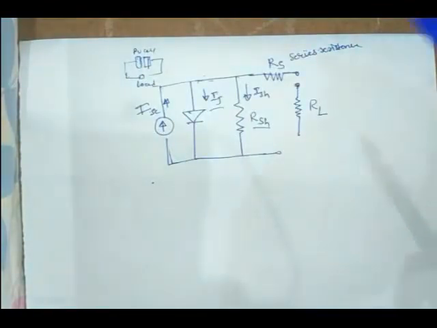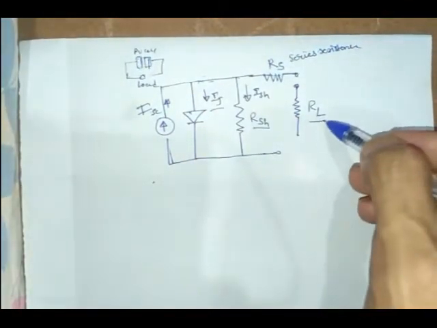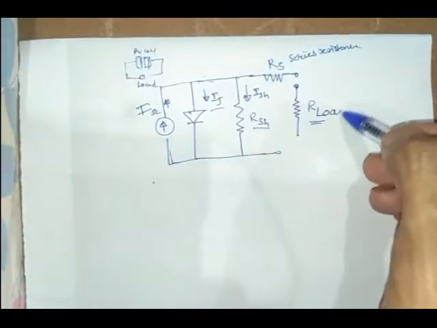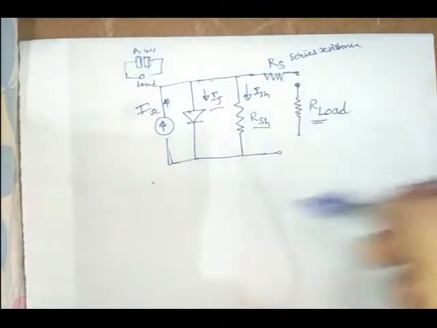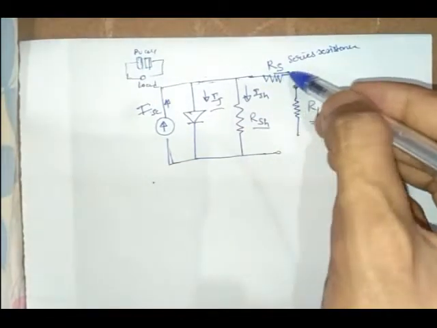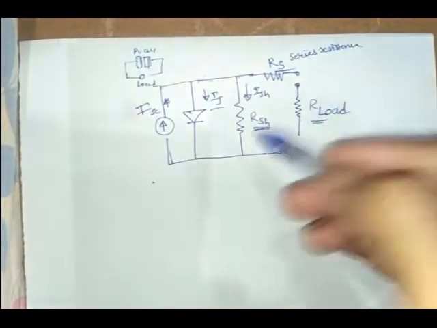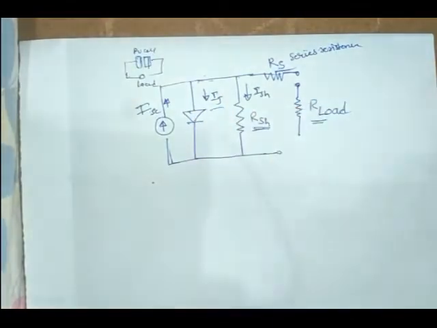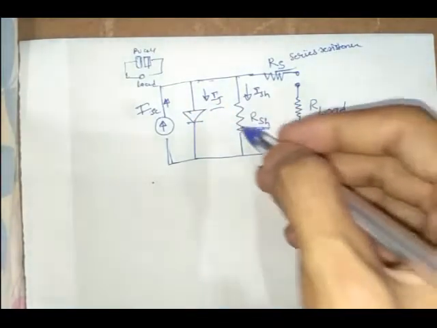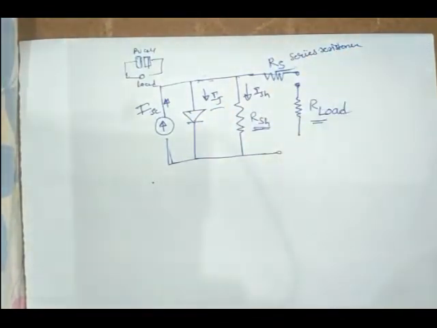One is because of the load, and the other is that the circuit itself has some resistance connected in series, like wire resistance, or some measuring device resistance, something like series resistance. RSH is the internal resistance because of the PN junction. That is just represented as an equivalent circuit.